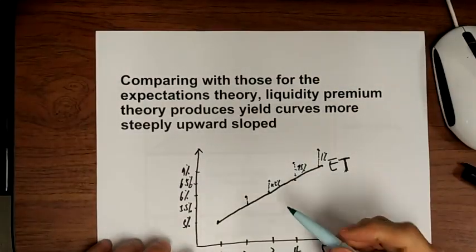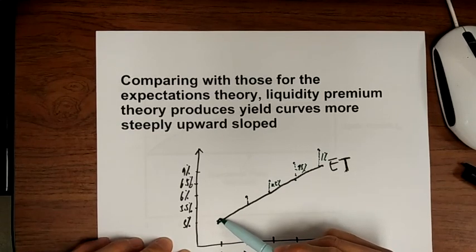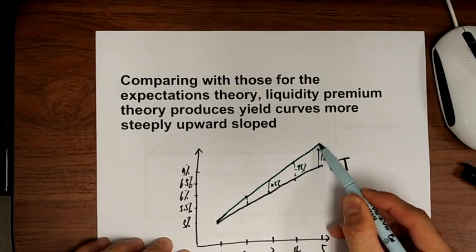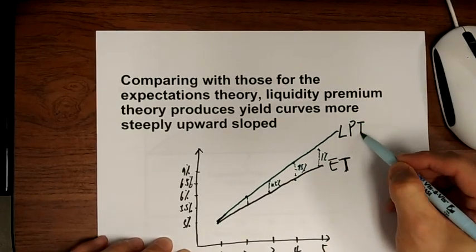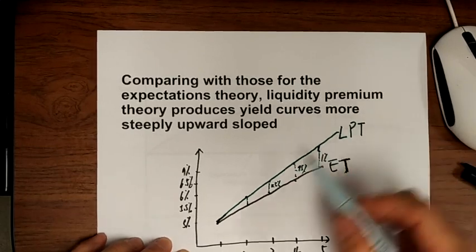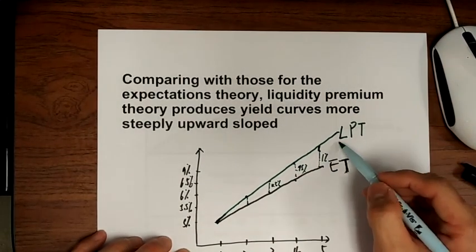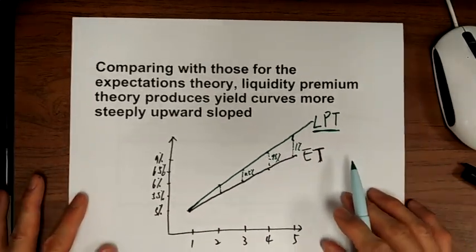So when you draw that, what do you get? You get the liquidity premium theory implied yield curve. And this is the yield curve that you actually observe on the market. Why?